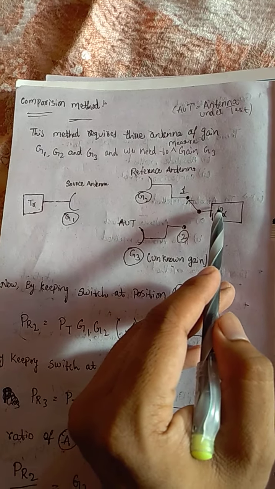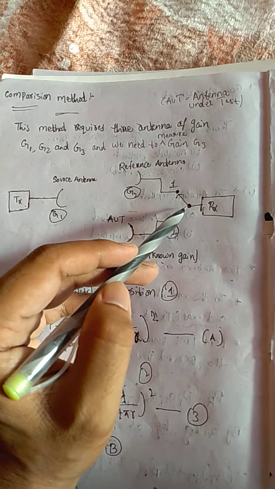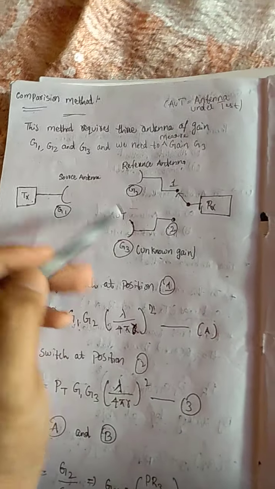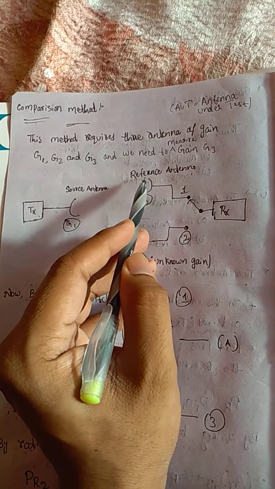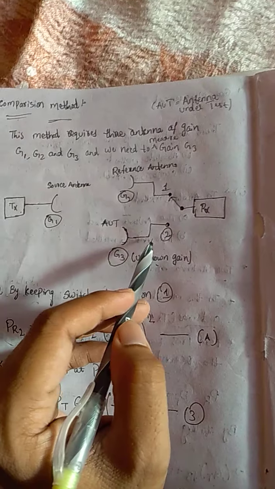Also here we have a receiver box, and from that we have a switch. Through this switch we connect to the reference antenna or the AUT. I take the reference antenna position as 1, and the AUT position as 2.